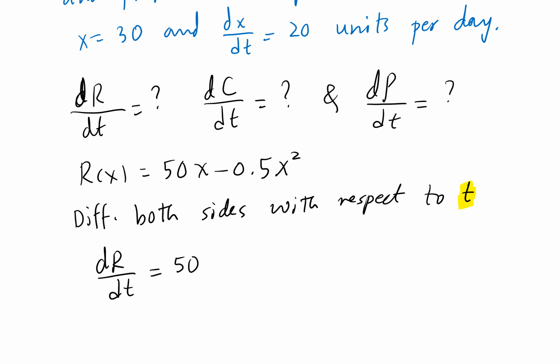That means the derivative of x is not 1 anymore. It's dx dt. Minus, keep the 0.5 as is, bring the 2 down, x times, by the chain rule, again dx dt, because this x here is our u, du dx or du dt.